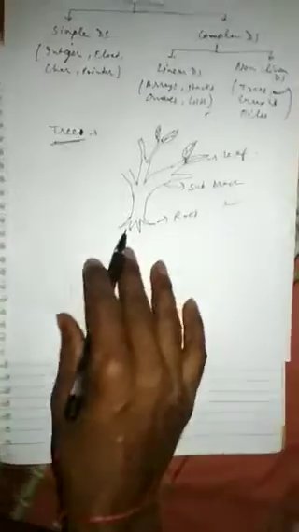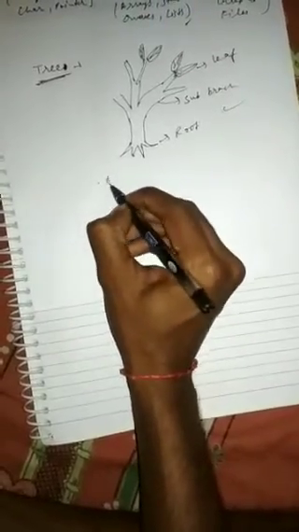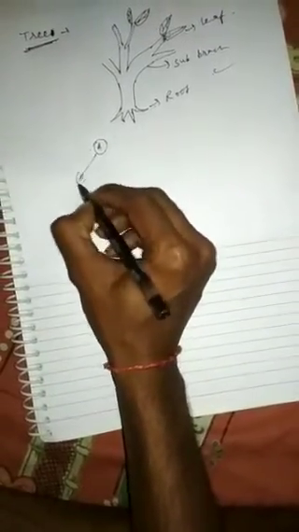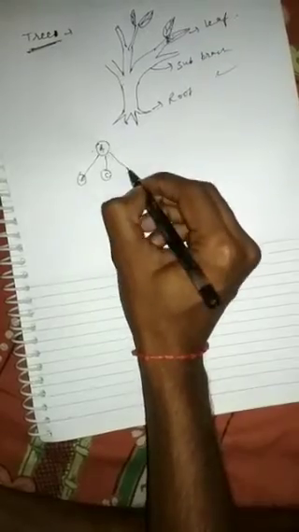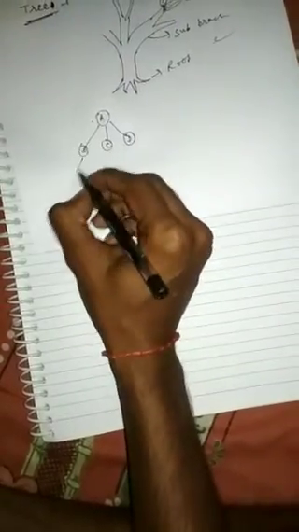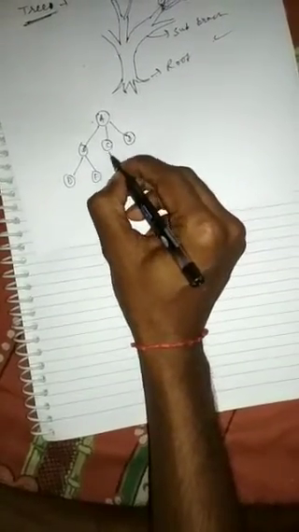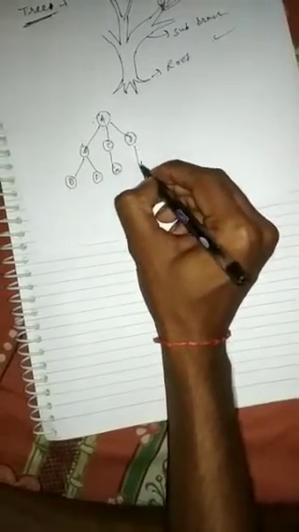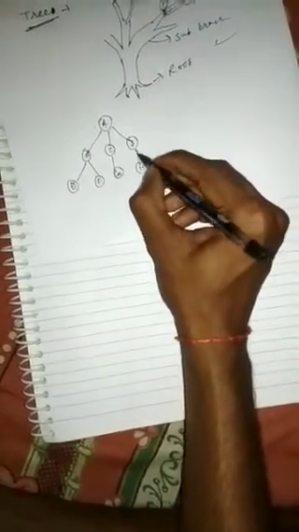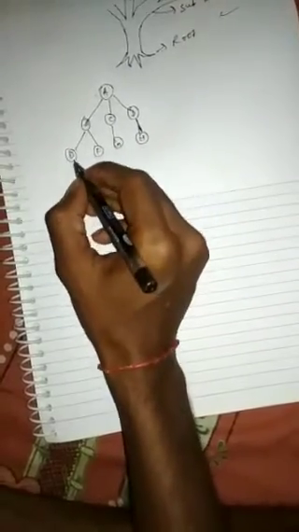But in computer language or data structure, it is the reverse. In a real tree the root is below, but in data structure the root is in the upper portion. So in data structure, the structure is in the form of a tree: E, F, G, H. This can be right or left, you can take anything.